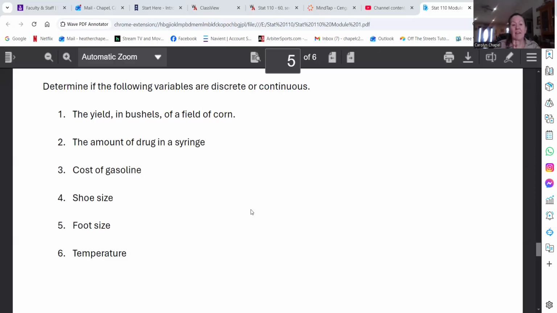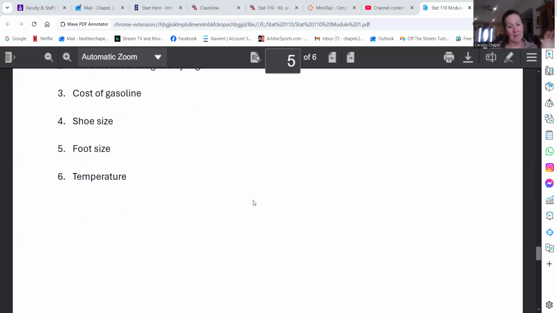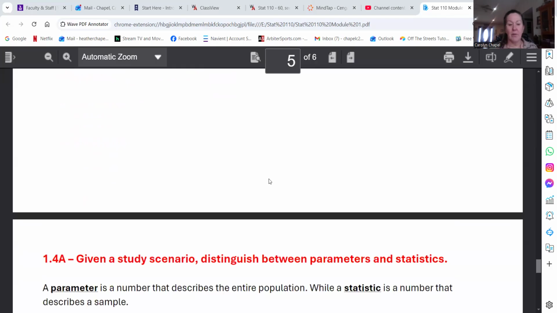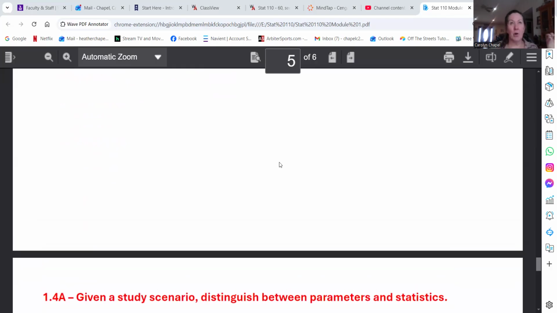So anything time related can be thought of in a continual spectrum, but sometimes we look at age in a discrete format as well. Just be aware that there are some variables out there that work both ways.